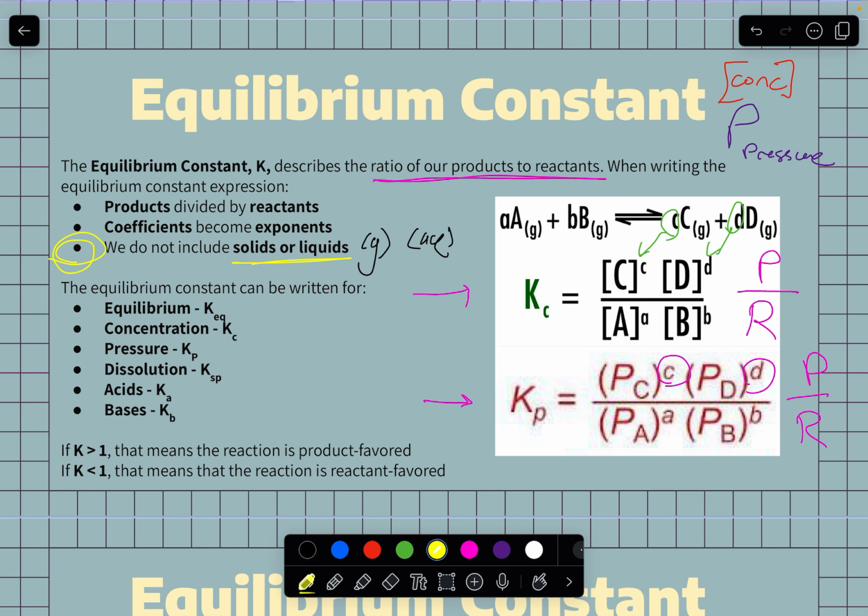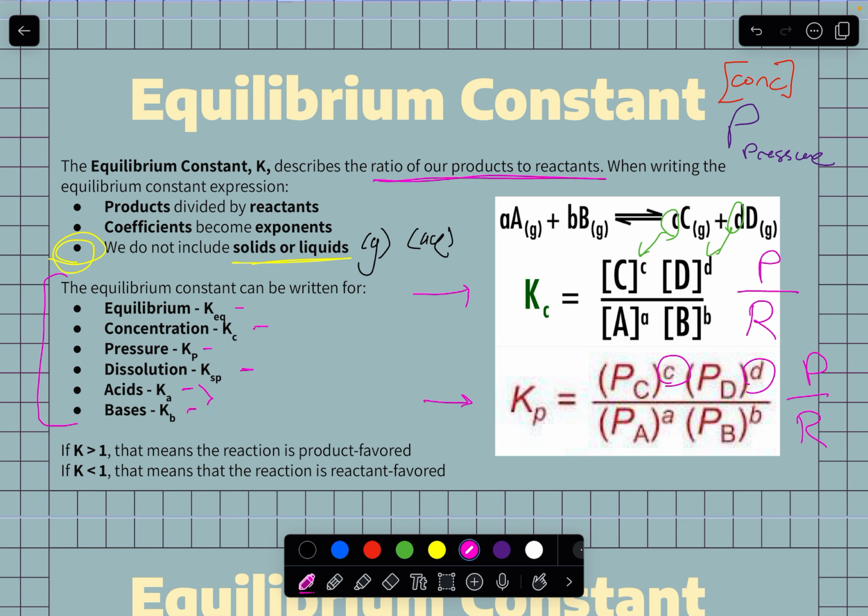This bottom part here is just a note. There are a lot of different equilibrium constants. We can have Keq, where the eq just stands for equilibrium. Kc is the concentration constant. Kp is the pressure constant. Ksp, which we'll talk about in a minute, is the dissolution constant. Ka is for acids, Kb is for bases.